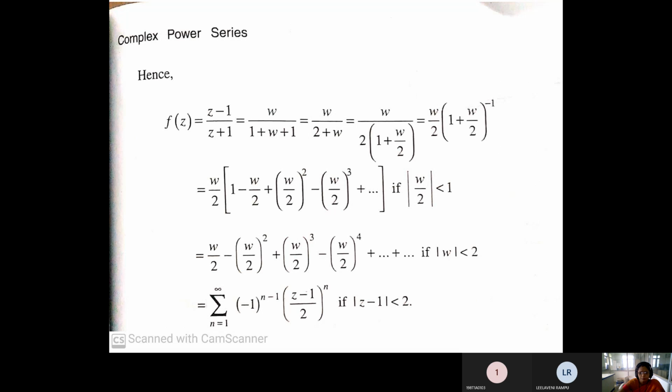This 1 plus w by 2 whole power minus 1 can be written as 1 minus w by 2 plus w by 2 whole square and so on. For mod w by 2 less than 1, multiplying with w by 2 and writing in sigma notation, we get sigma n equal to 1 to infinity minus 1 whole power n minus 1 w by 2 whole power n, that is z minus 1 by 2 whole power n.